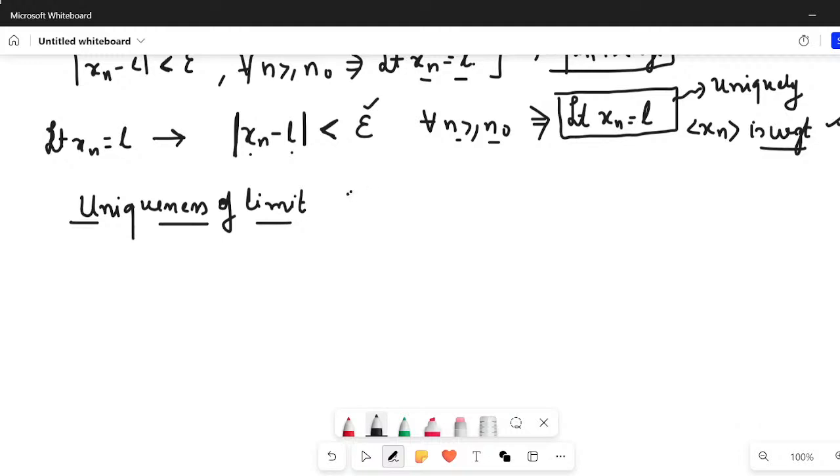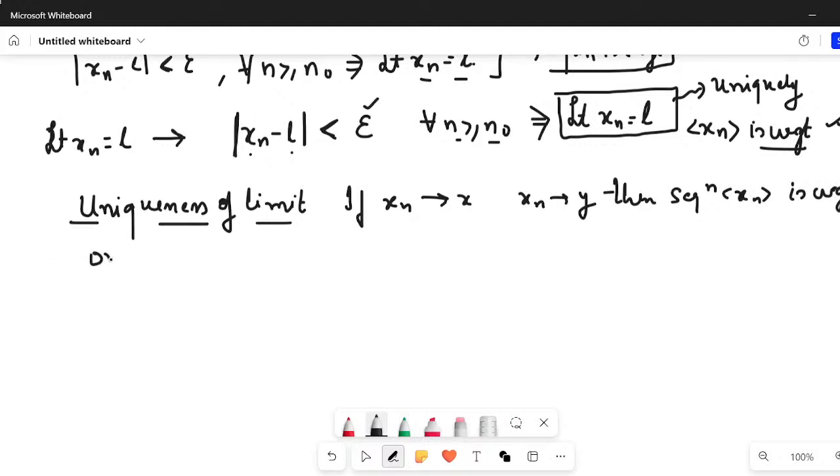What does it imply? That is, if my sequence xn is such that it converges to x and xn also converges to y, then sequence xn is convergent only if x equals to y.